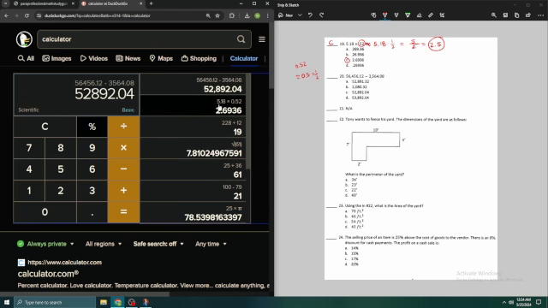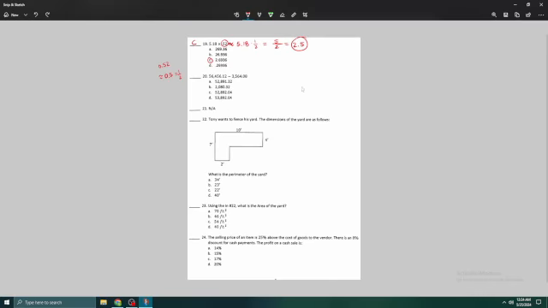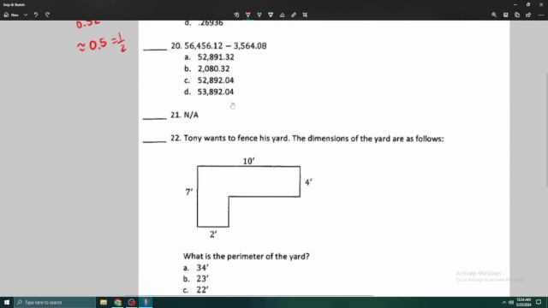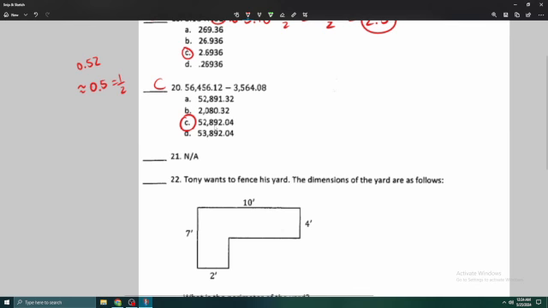And 52,892.04. Just like that. Again, you could probably approximate. A lot of these answers are very off. Actually, no. A is pretty close.